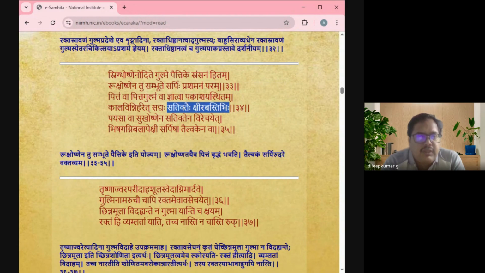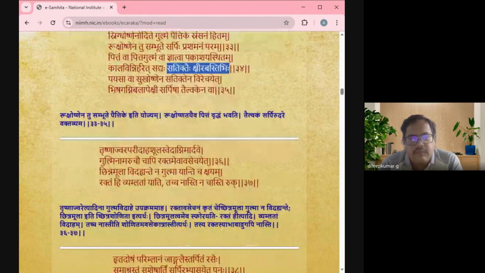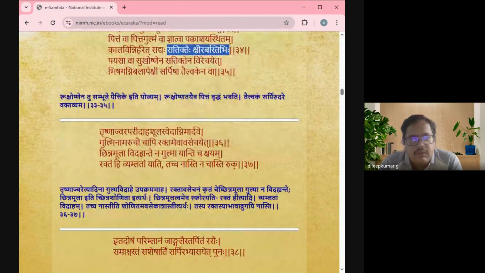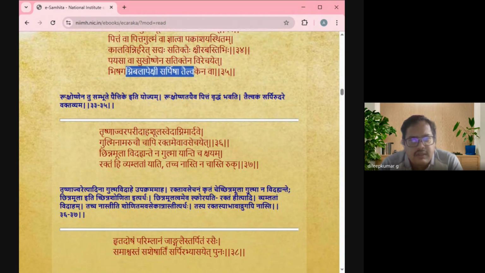If Pittaja Gulma is specifically related to Pakwashaya, then you should go for Satikta Kshirabasti. Tilvaka Sarpi Virechana, Tilvaka Sarpi Anulomana or Virechana, is one of the important lines of treatment in Pittaja Gulma.